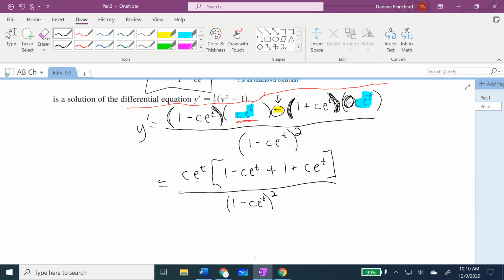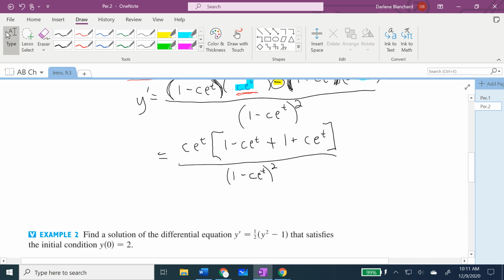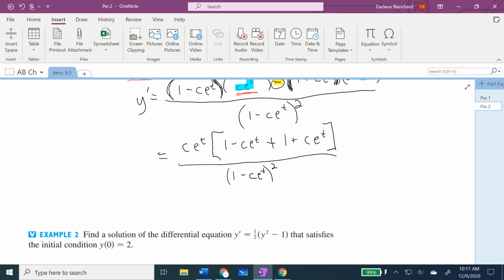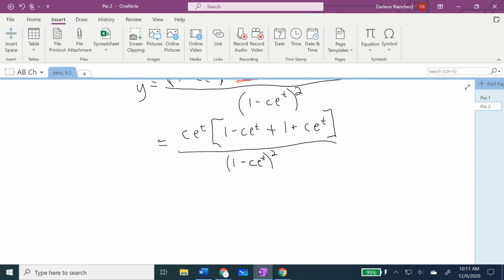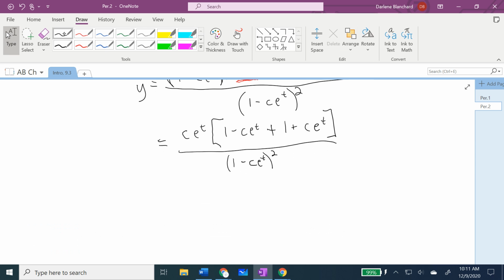Now, can you see a little bit more simplification? Yep. I'm going to add some room in here. And I'm just going to circle.